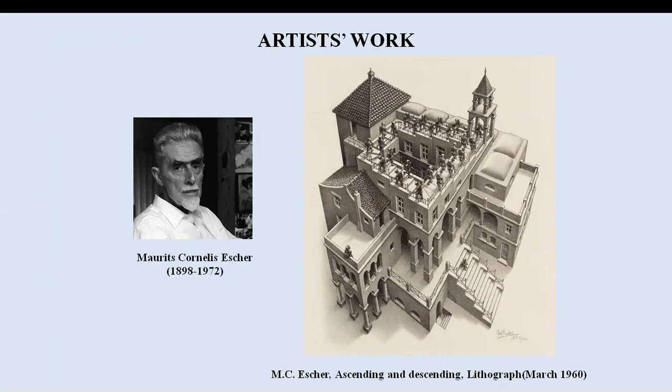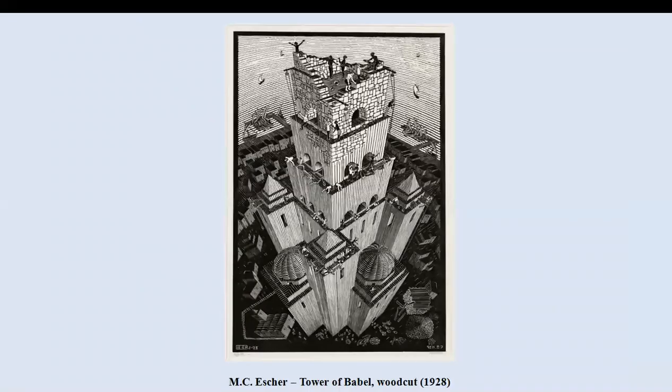This iconic lithograph print, Ascending and Descending, depicts a large building roofed by a never-ending staircase. Another work of this great master of illusion is this bird's eye view woodcut print, Tower of Babel.